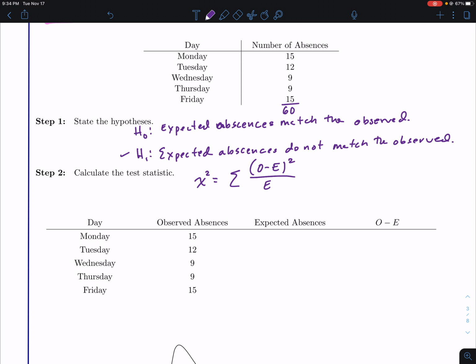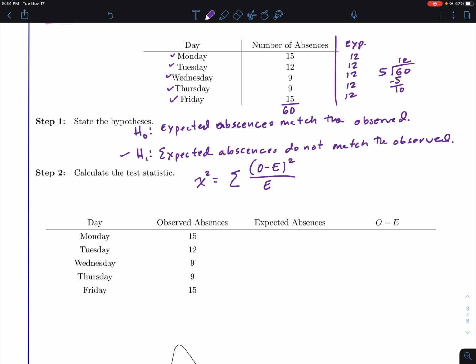And then if we're assuming that they're exactly the same, in this case we've got 5 days of the week, so we take 60 divided by 5 and put that for each of those days. So that's what the expected is. Since we expect an equal amount, just divide 5 into 60. So in this case, we'd expect these absences to be 12 every day.